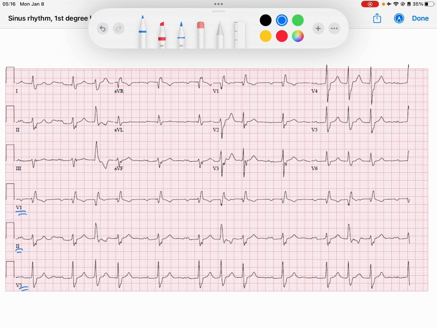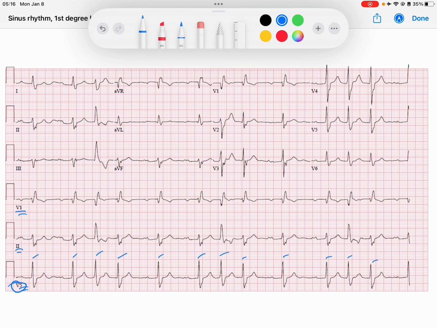If I start off at V5 and scan through, I see an irregular rhythm with a narrow-ish, maybe actually quite wide, QRS. Then I've got 3 beats in a row, a longer couple of beats, 3 beats in a row, a random beat, and then 3 beats again.